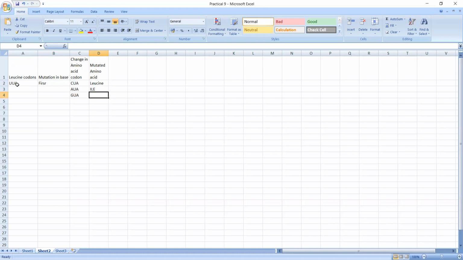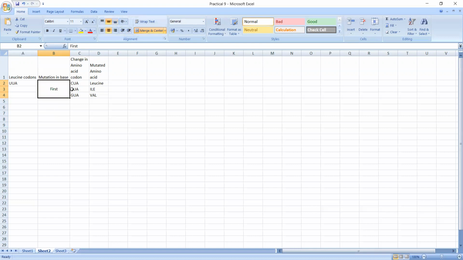Now what is GUA? GUA is a valine. If I write it in full, it will become more and more difficult. So if the mutation is in the first base, leucine can be changed to isoleucine or valine, or it may not change at all.